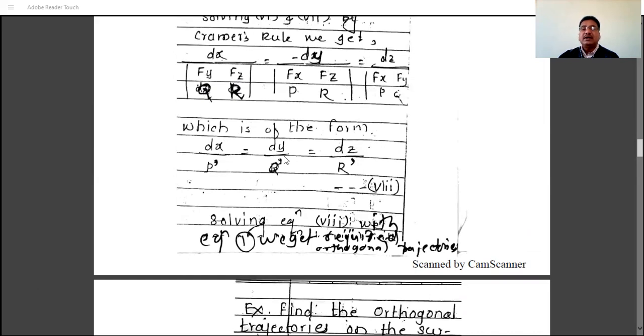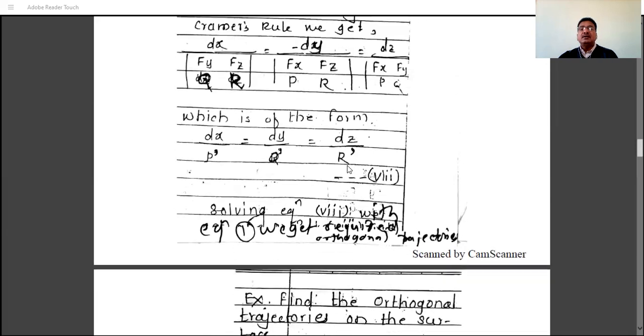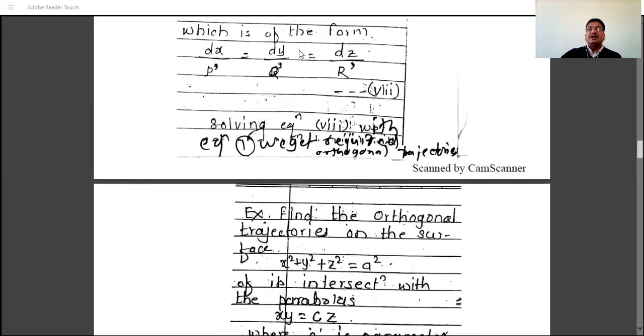Then solve this equation number 8, and its solution with equation number 1 gives the required orthogonal trajectory. So this is the procedure to find the orthogonal trajectory.